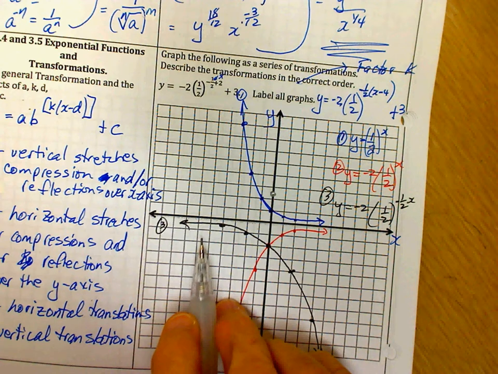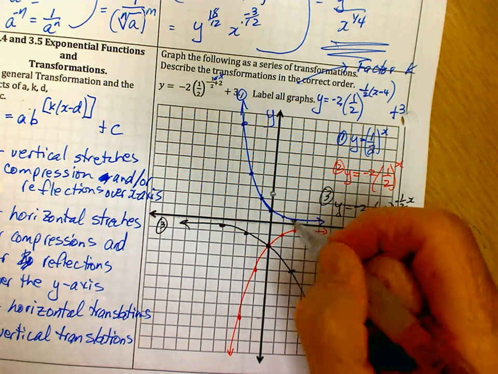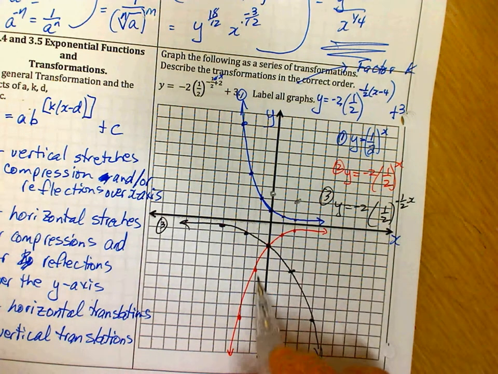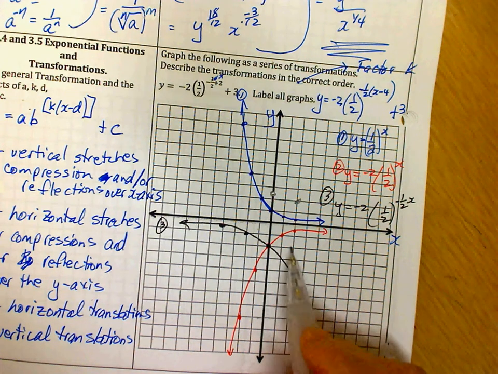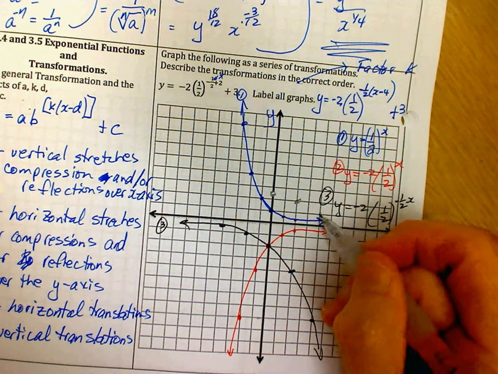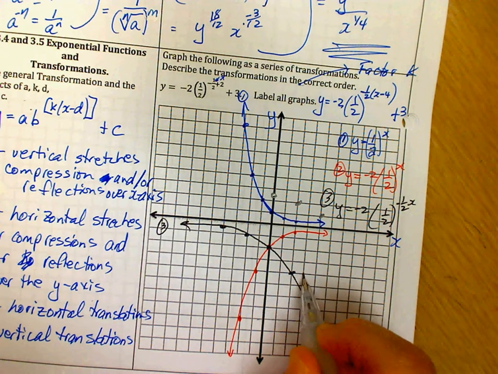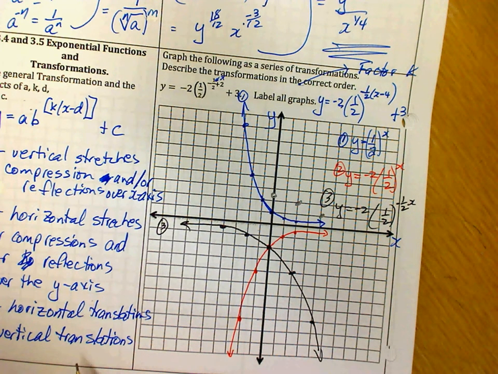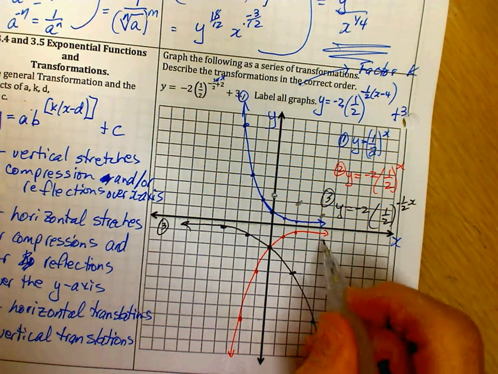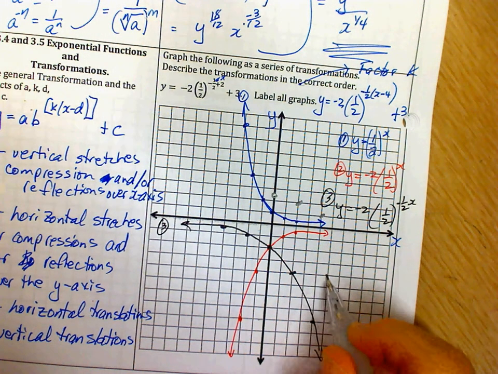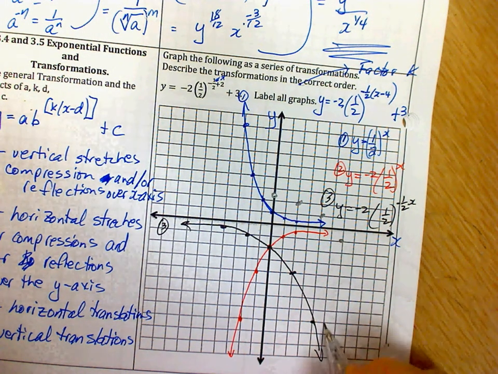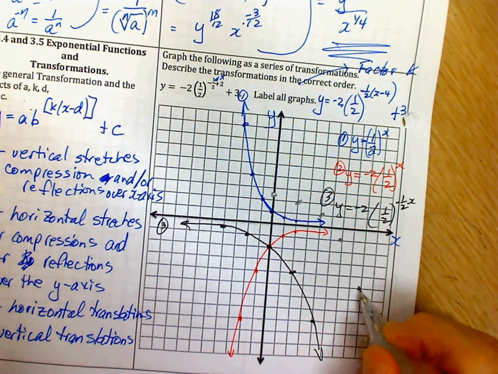I am doing the black graph, so I count over 4 and up 3 for each point. There we go. Okay, so now we can graph that in.